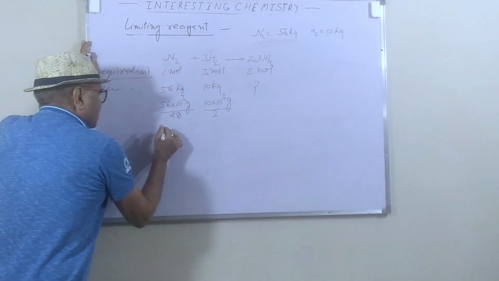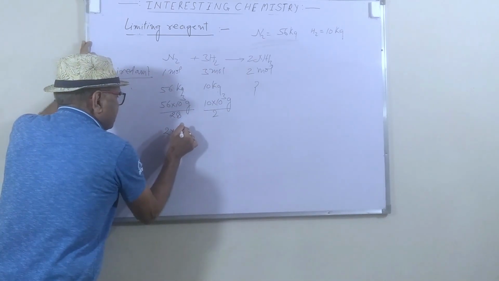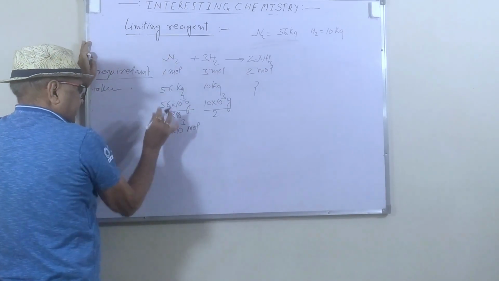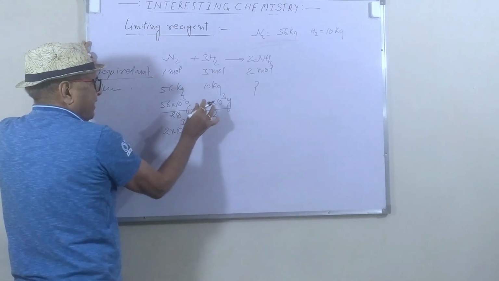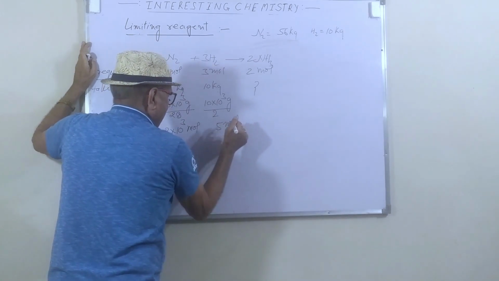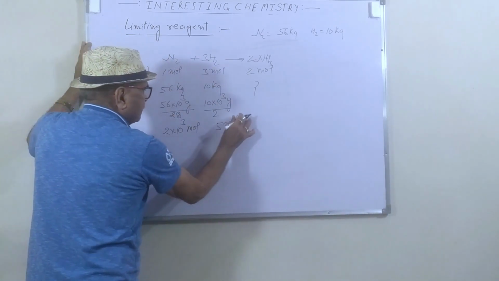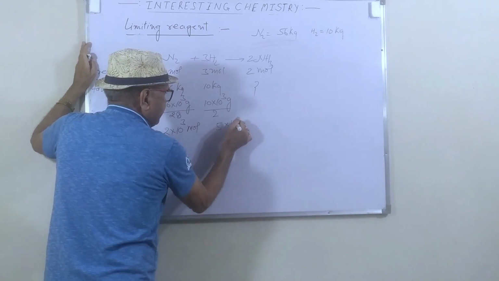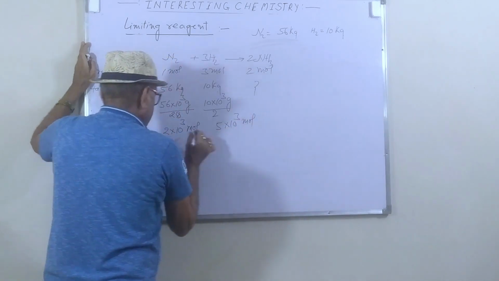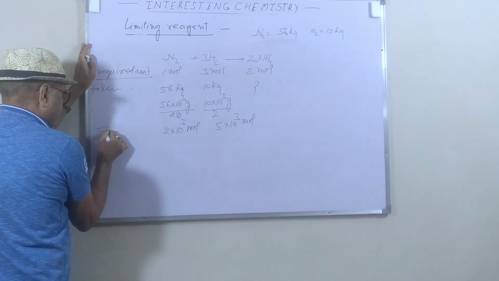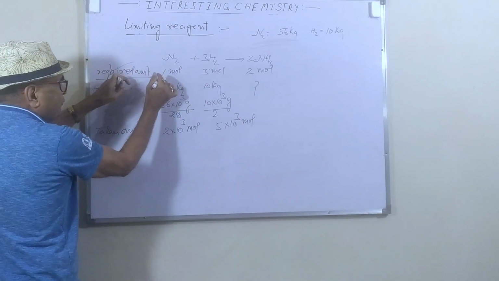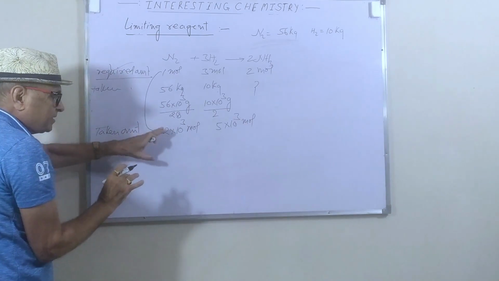So this is 2 into 10 raised to the power 3 mole of nitrogen and 5 into 10 raised to the power 3 mole of hydrogen. This is the taken amount. Taken amount and required amount. Now you have to compare this amount with this amount.